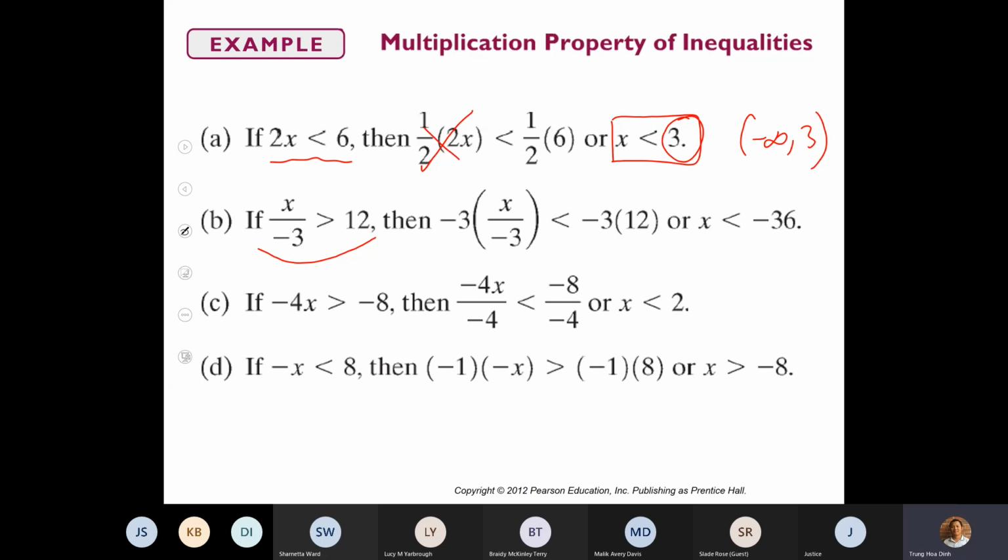So we remember that rule. I just delete everything, x. The inequality greater than will become less than in here. And that's it, we do our operation. So x less than negative 36, because negative 3 times 12 is negative 36.